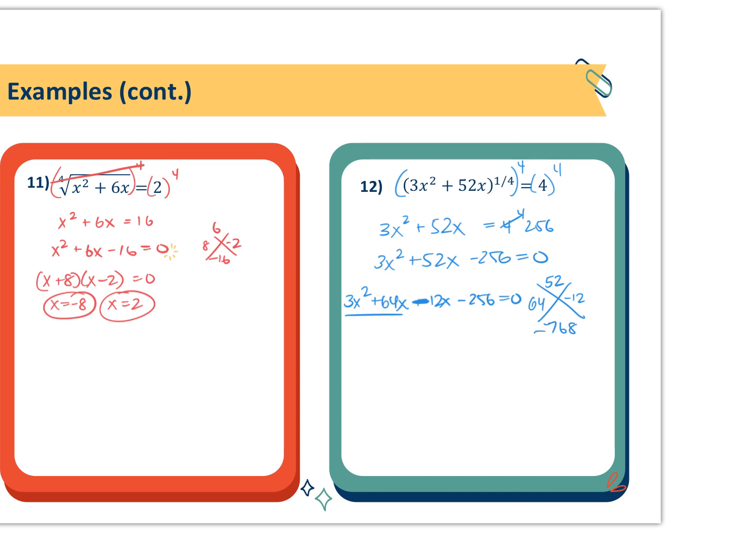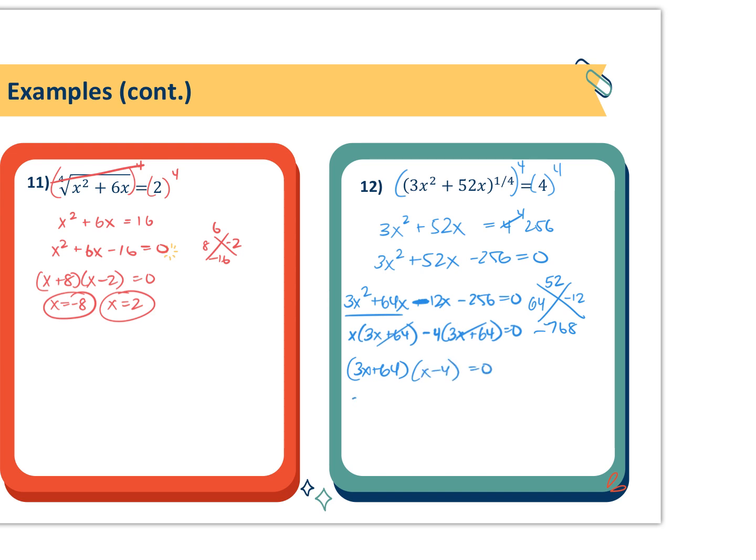GCF of the first two is just going to be x, so I'm going to get 3x plus 64. GCF of the second two is going to be a minus 4, which is going to be 3x plus 64. So 3x plus 64 is one of my factors, and x minus 4 is the other.